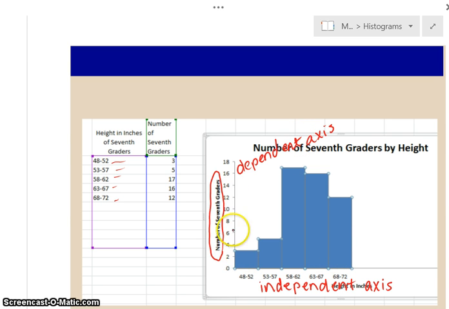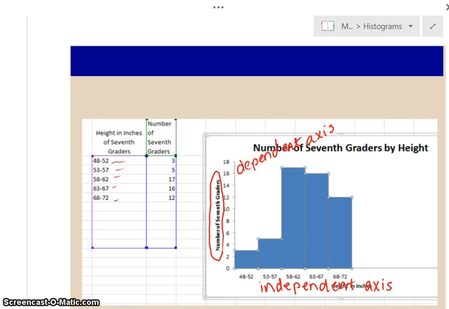That's why the vertical axis is the dependent axis, and the horizontal axis, the one at the bottom, is the independent axis. Because the height doesn't depend on anything, but how many students there are depends on the height.